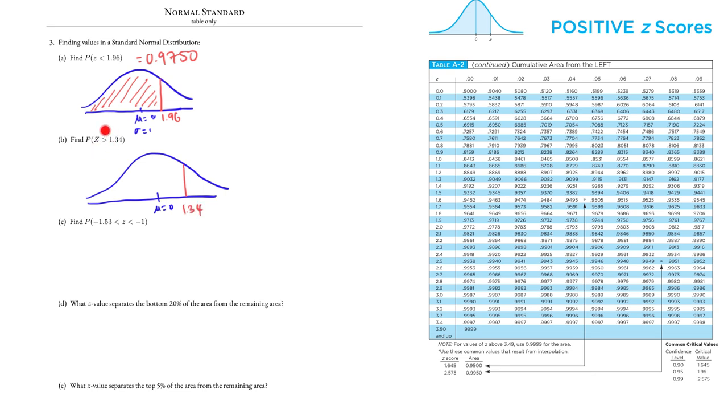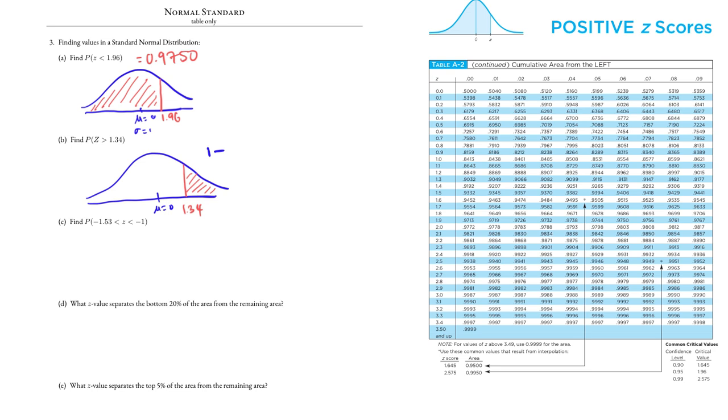The symbol greater than indicates that we would need to shade the right-hand side. The table only gives us the area on the left-hand side, but that is okay. We just need to find the area on the left-hand side and then take 1 minus that to get the area on the right-hand side.